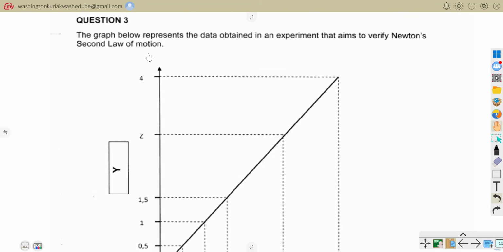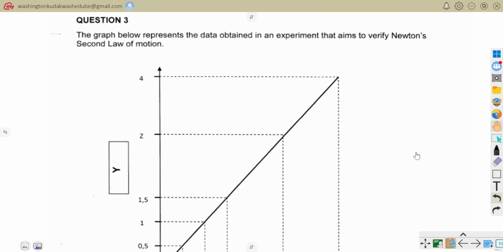As a recap, we are dwelling much on Newton's second law because in grade 11 they are going to examine you on the experiment, or the investigation, that you will do at your school, which is to investigate how the net force relates to the mass or to the acceleration of the object, which is just investigating Newton's second law.